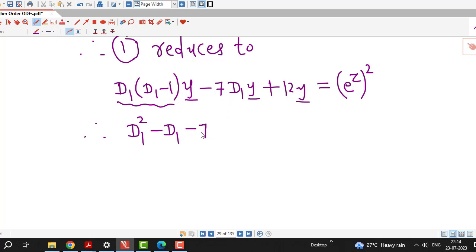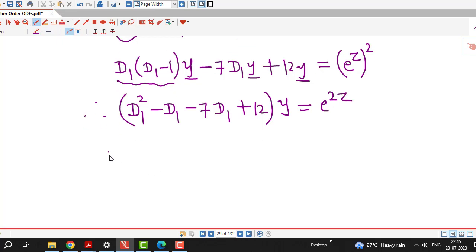Here I have minus 7 D1 plus 12, with y common, so this quantity is in the bracket, and e raised to z whole square can be written as e raised to 2z. This I can again simplify: D1 square minus D1 minus 7 D1, that is minus 8 D1, plus 12 y equal to e raised to 2z.